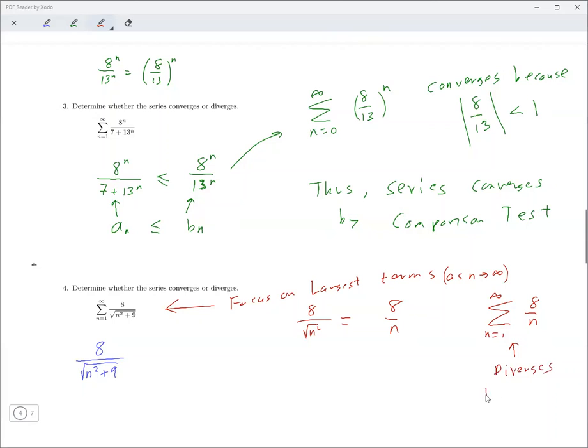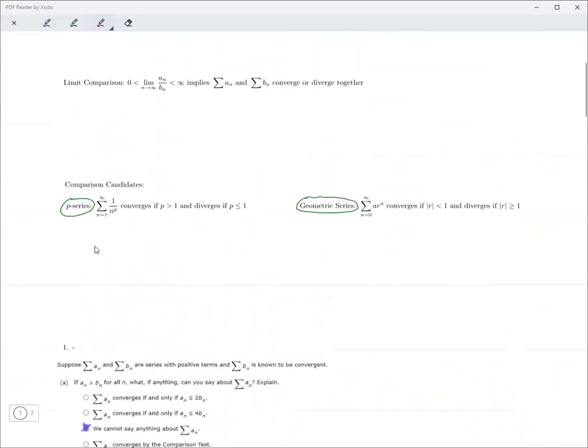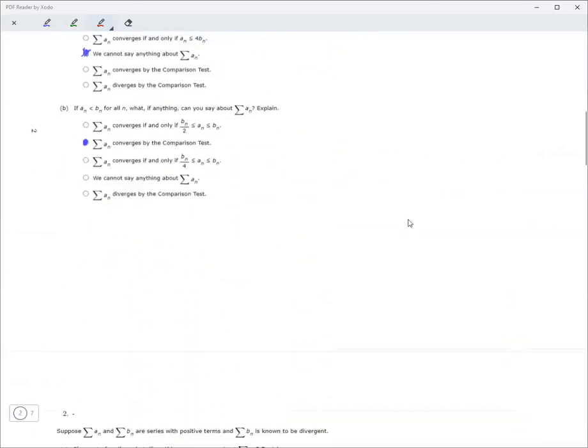I have a hard time remembering these. This is a p series, and p is equal to 1, which is less than or equal to 1. So it's right here again. It's the p series. It converges if p is greater than 1. It diverges if p is less than or equal to 1. And so p is 1, so it diverges.